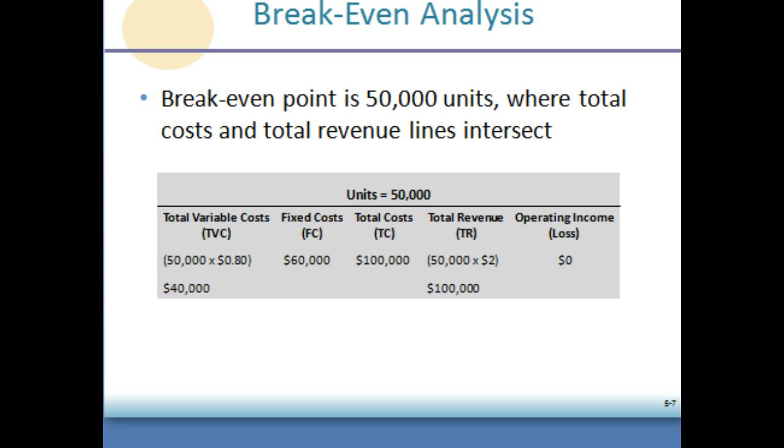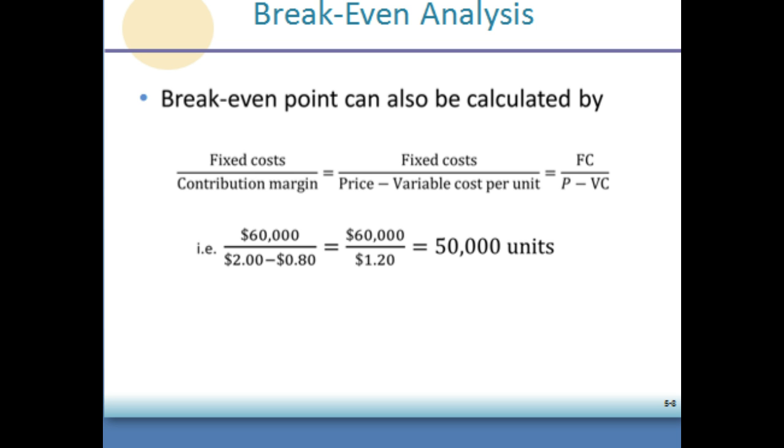This slide shows the break-even point in 50,000 units, where the total costs and total revenue lines intersect. The break-even point can also be calculated in a different way, and this shows you the formula for another variation of break-even analysis.